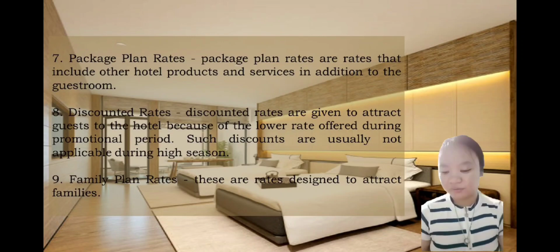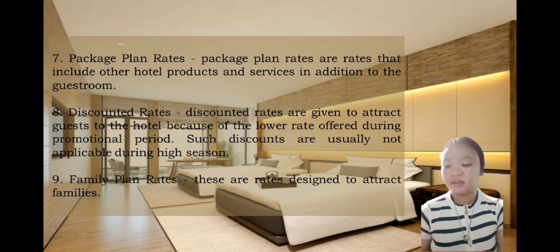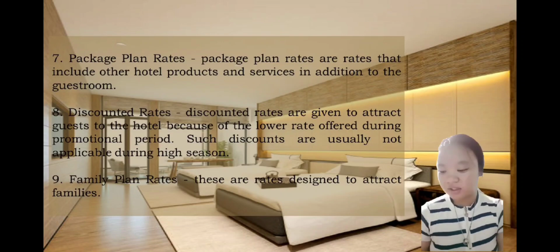Number 8, discount rates. Discount rates are given to attract guests to the hotel because of the lower rate offered during a promotional period. Some hotels give as much as 50% off the published rate as part of the hotel's promotion or anniversary celebration.